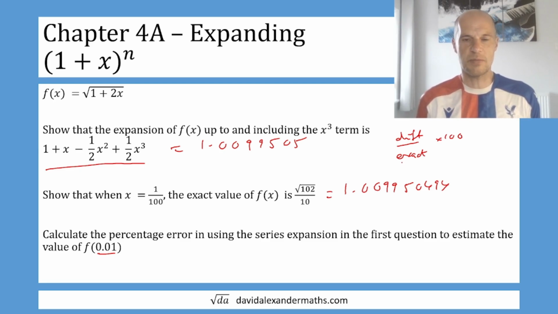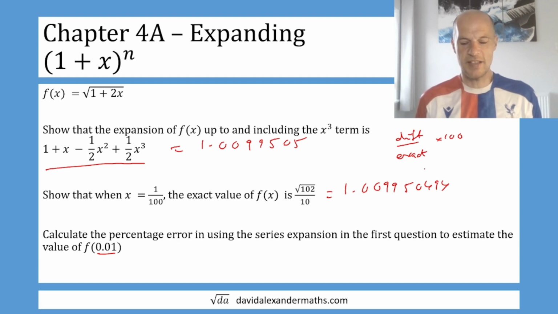So what is the difference between 1.0099505 and the other one, minus 1.009950494? That is 6 times 10 to the power of, I think it says -9.